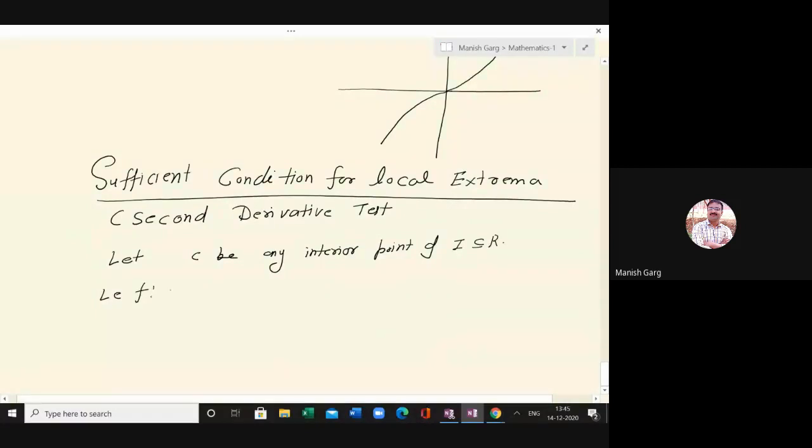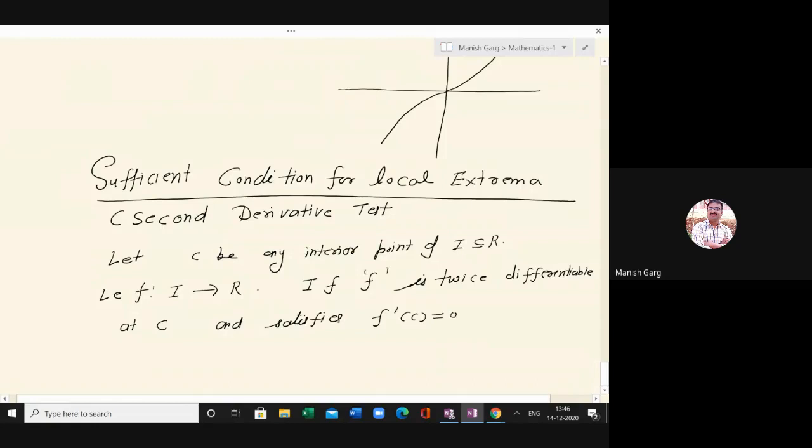Let f be a function defined on I to R. If f is twice differentiable at C and satisfies f dash C is equal to 0, then we have what?